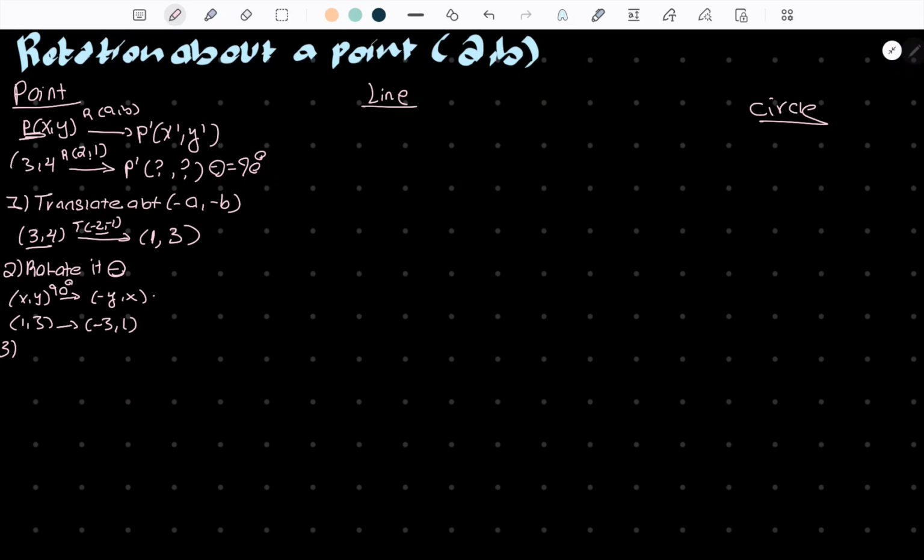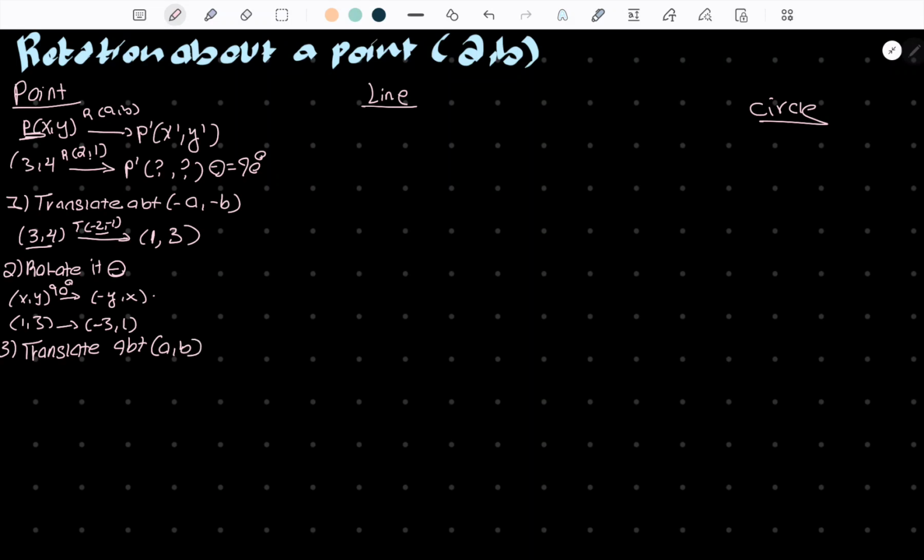the next thing that we need to do is pull it back to our initial point, but this time it has been rotated. So we're going to translate it about a comma b.